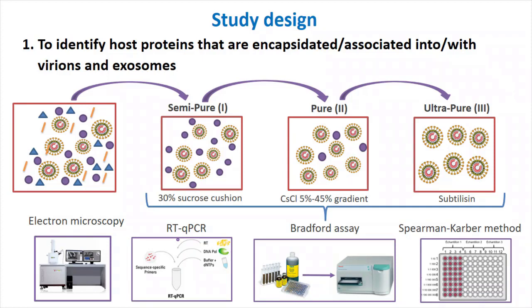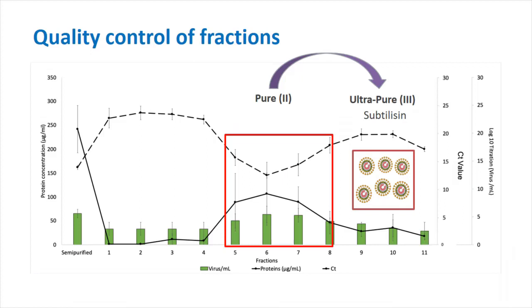So by comparing the proteomic composition of these three different preparations, I will be able to say which proteins are associated with exosomes produced by infected cells, and which proteins are associated only with viral particles. And we did very rigorous quality control. We measured, using PCR, the content of viral RNA in each ultracentrifugation fraction, as well as protein content and viral titer.